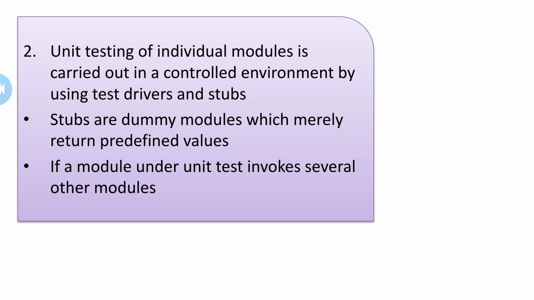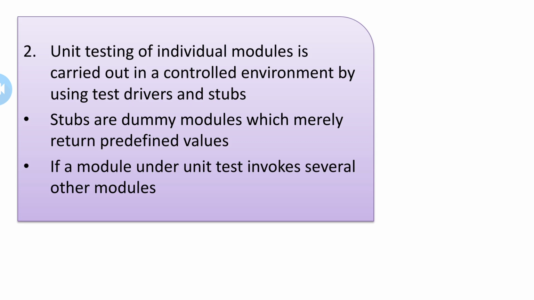That means the original program remains as it is. The drivers and stubs are created from them so that when they are executed, we can see the expected and actual values, if a module under unit test invokes several other modules.